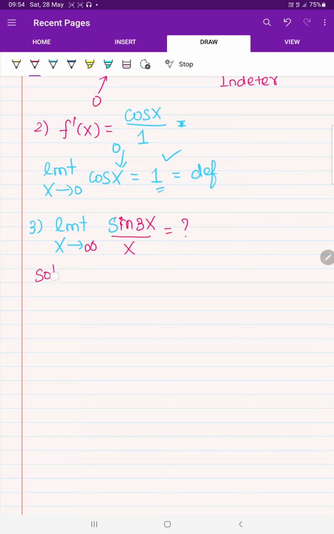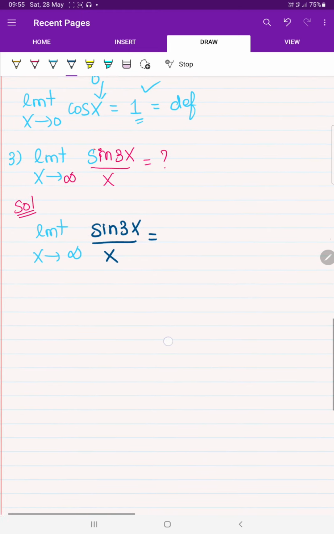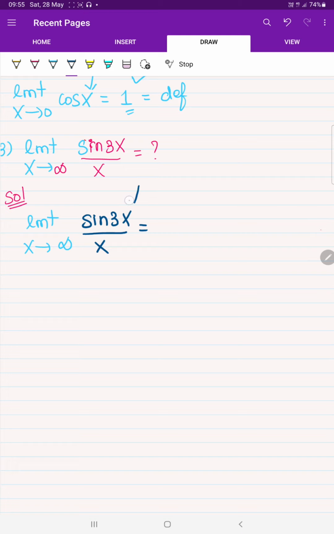Now the solution: take the same function, limit x approaching infinity of sin 3x by x. What will be the answer, sir? That is the next question. Can you please check? When I replace x by infinity, here also I replace x by infinity. Let us see what will happen.